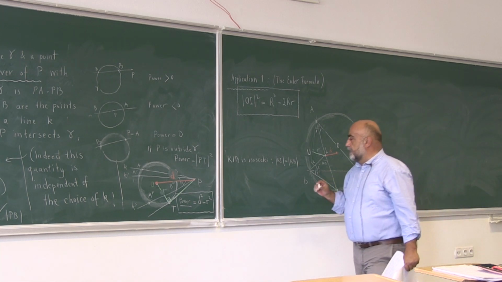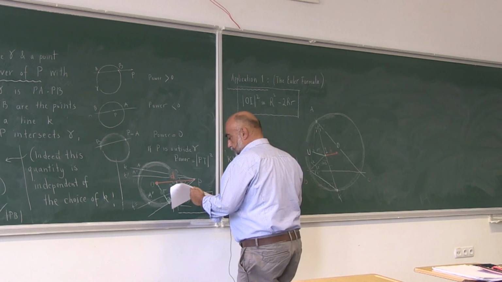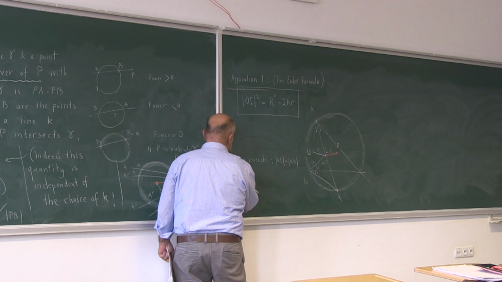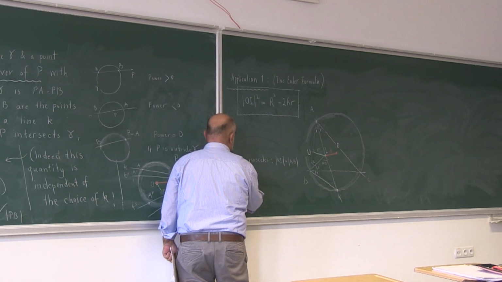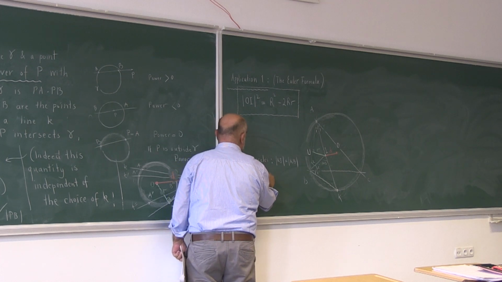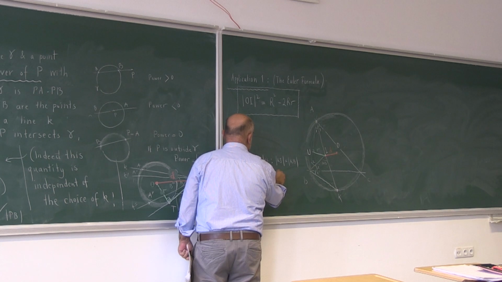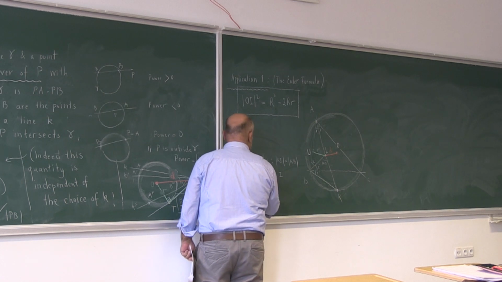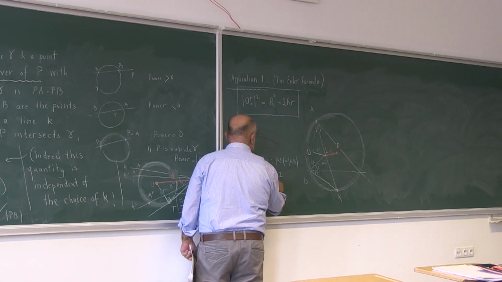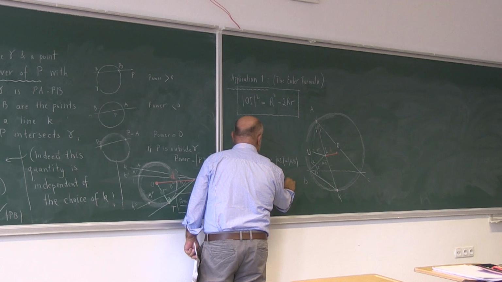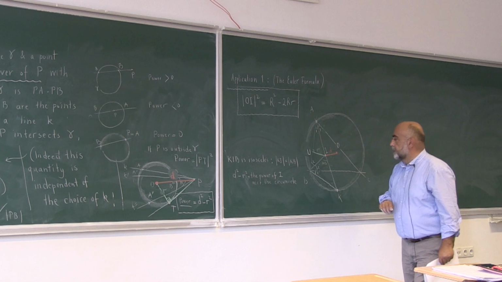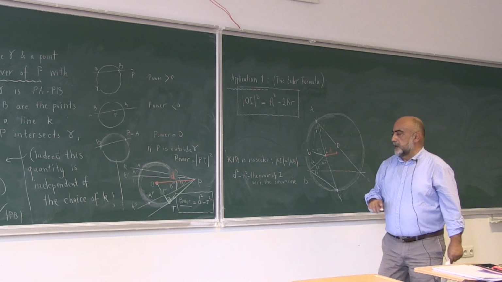So, let's look at the power of, so if I write D squared minus R squared, that's the power of the point I with respect to the circumcircle, of course. With respect to the circumcircle. That's great. Okay. And that's D squared.